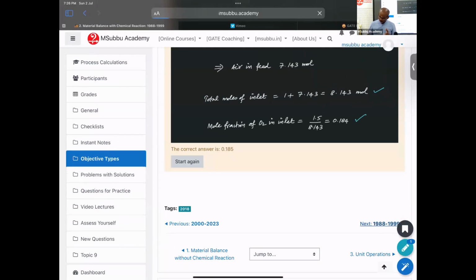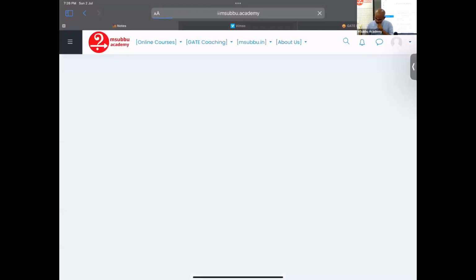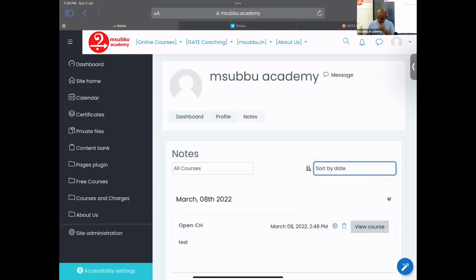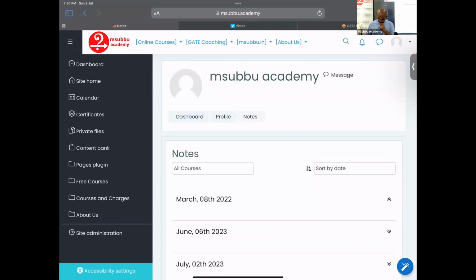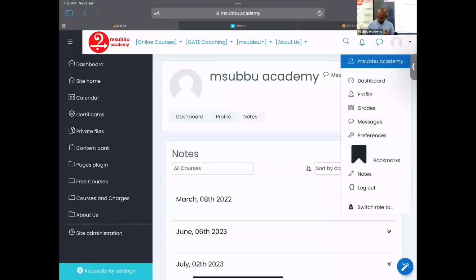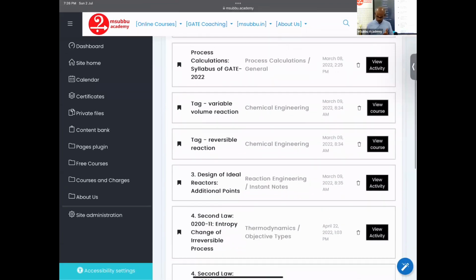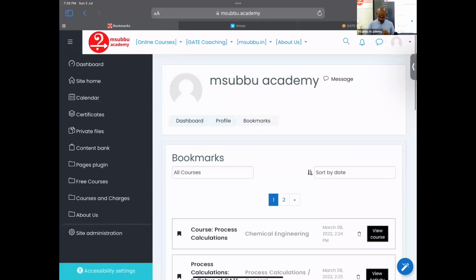You can get these notes back from your profile. You can go to these notes, and the notes you added are available there, added chronologically. And in addition, whatever pages you bookmarked, you can directly jump into them.